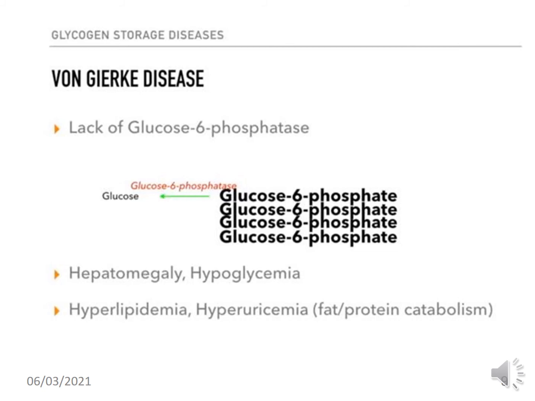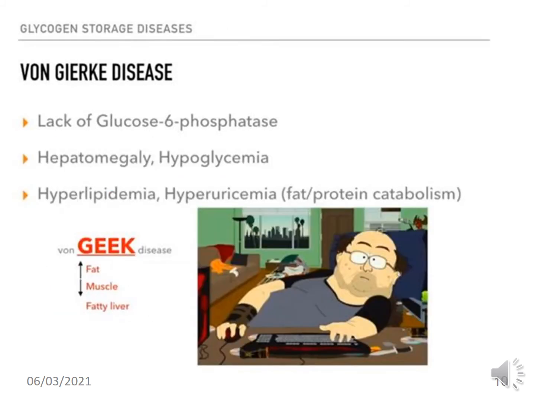All of this is related to type 1 of glycogen storage disease, which is von Gierke disease, which is lack of glucose 6 phosphatase. The name von Gierke disease comes from Gierke. Gierke disease is related to this image, which shows an abnormally obese body with an irregular shape.